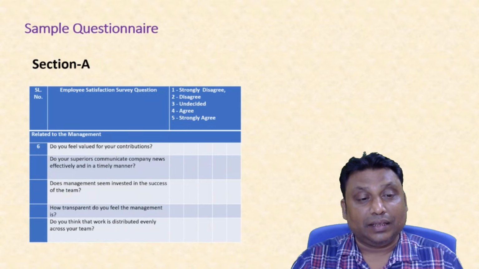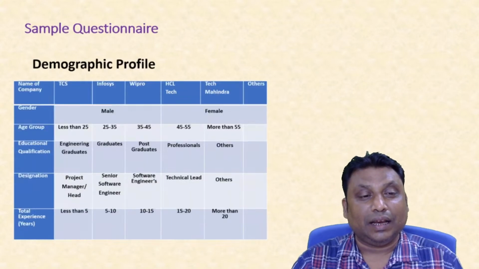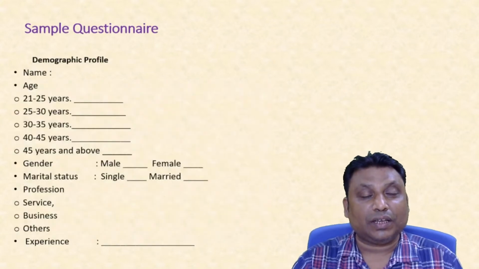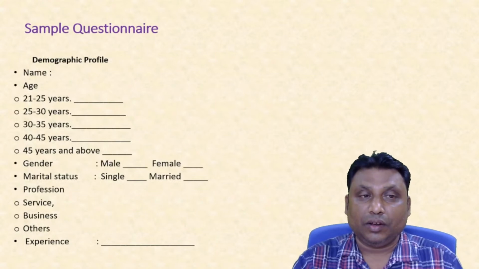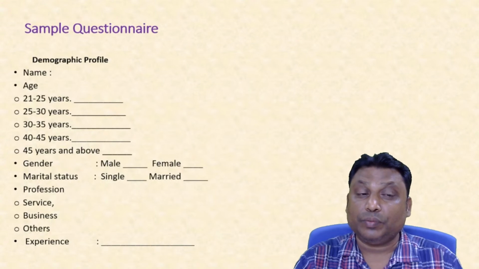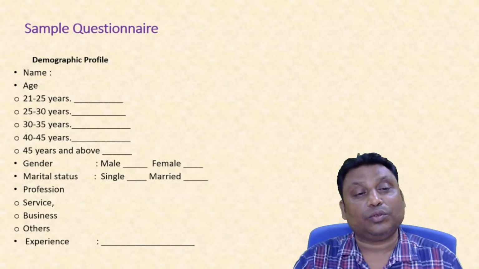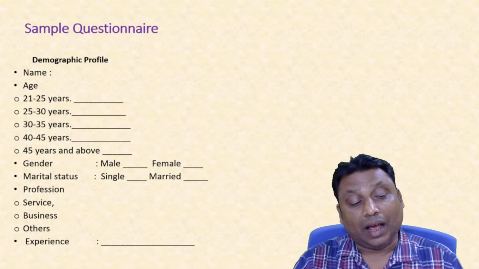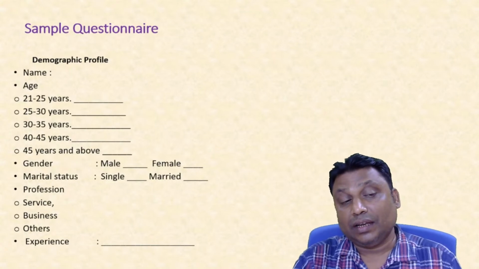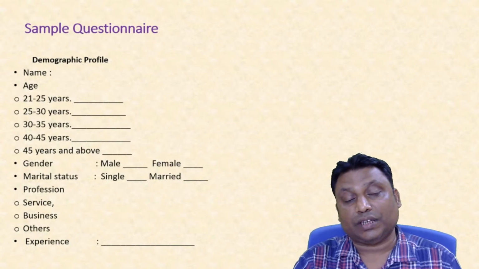If you are preparing this type of questions, your questionnaire should be structured. If it is not structured, it is very difficult to prepare the questions and difficult for respondents to answer them. Now, how can you prepare a good questionnaire? You can prepare it if you follow this process.